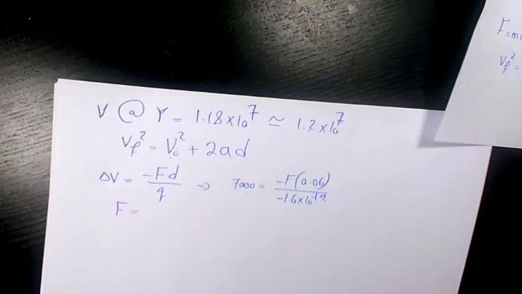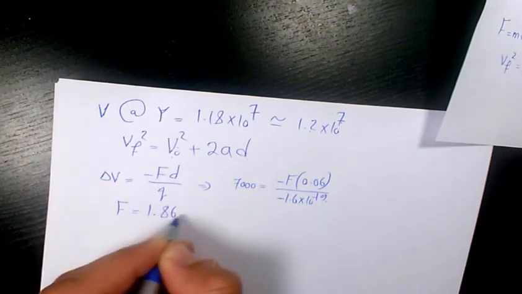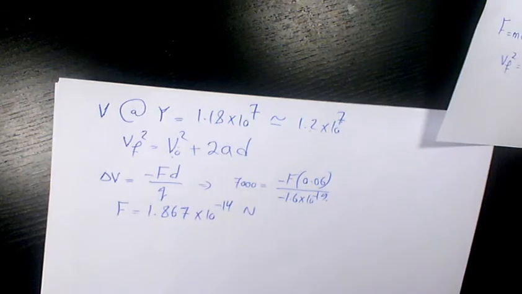F will be 1.867 times 10 to the power of negative 14 newtons.